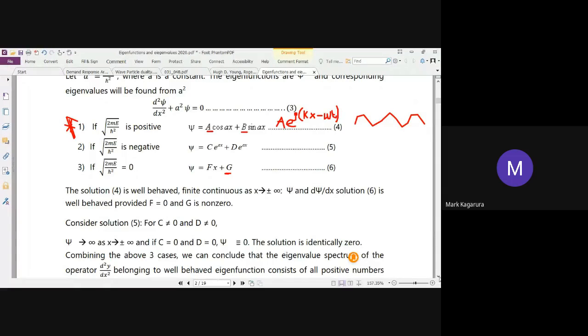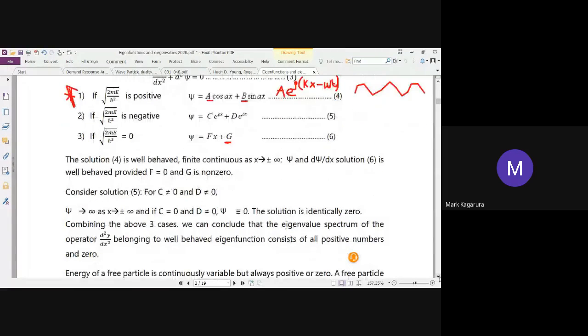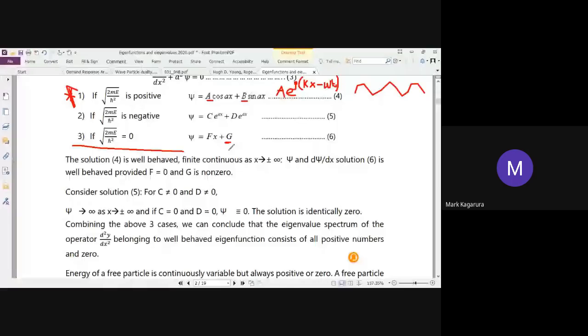It's not that sinusoidal, but I don't have time to wait for the cursor to mark properly. And then for a free particle, fx plus g, that means it's a constant. Now, what happens? We know that for this function, as x tends to infinity, it is not going to be finite.